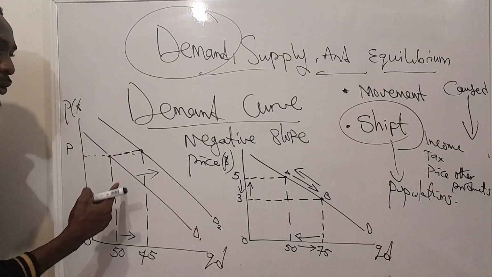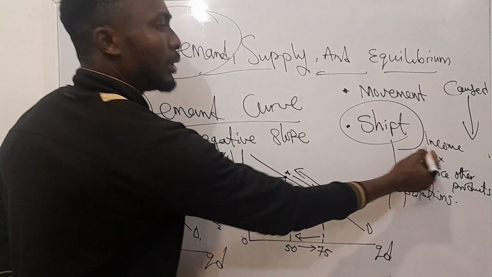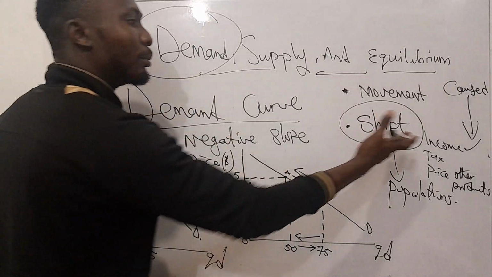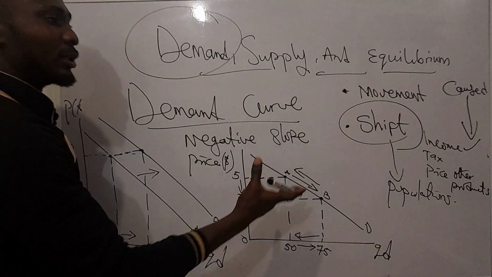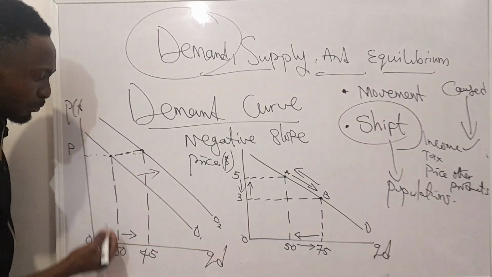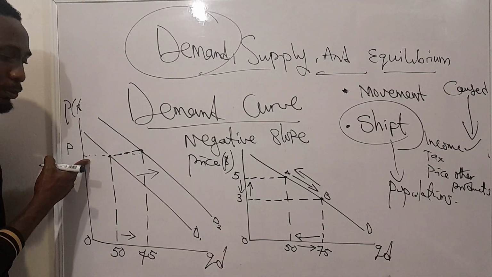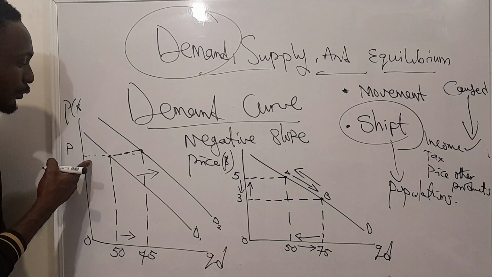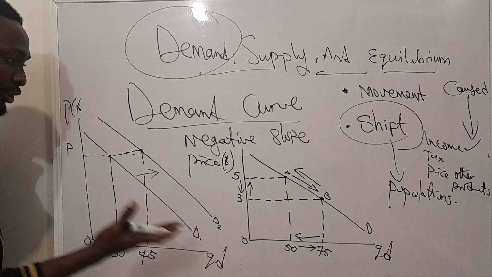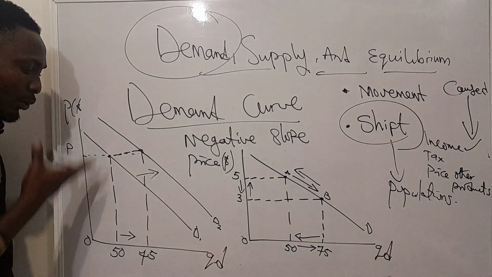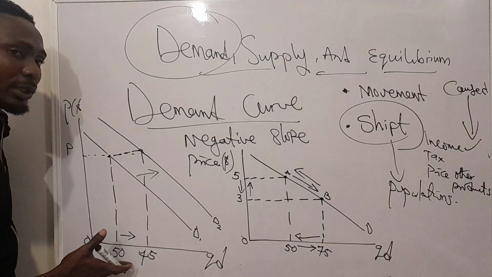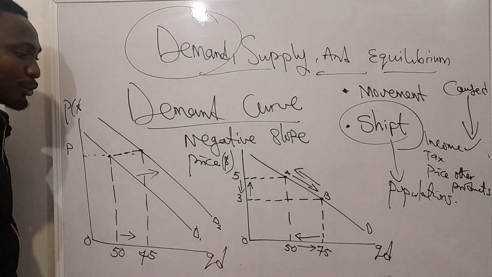It is simply because of all these factors, maybe the income has increased. So the more income the consumer has, the more money the consumer will have to spend on the product, and therefore the consumer will be able to buy more. And therefore, let's say the price hasn't changed, the price remains constant. However, because the consumer has more money, the consumer is now able to buy more products.